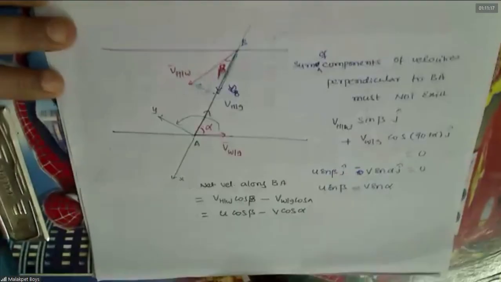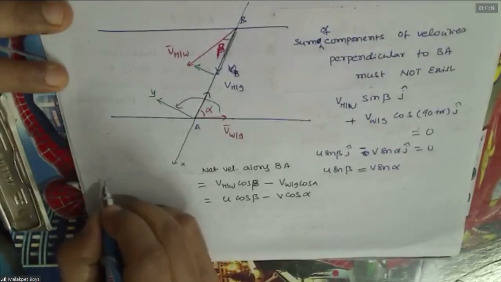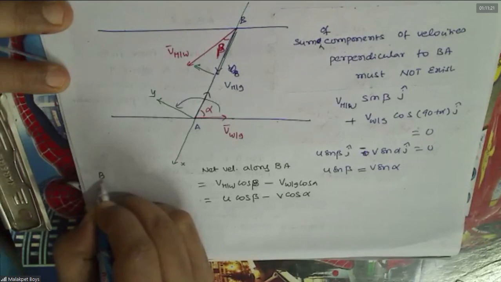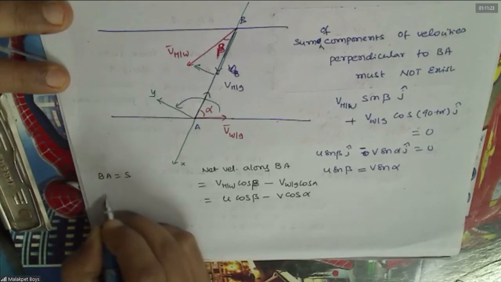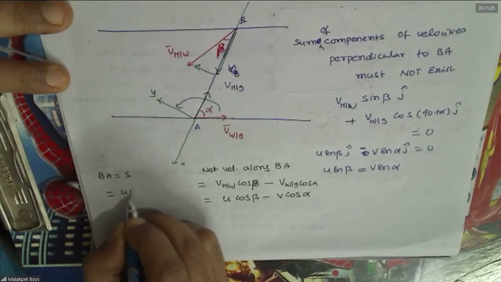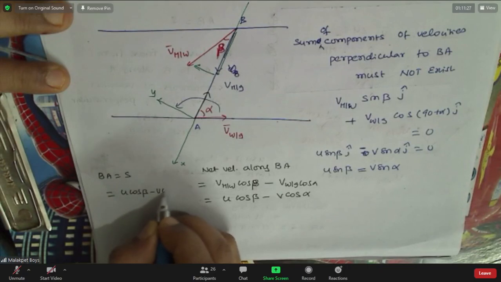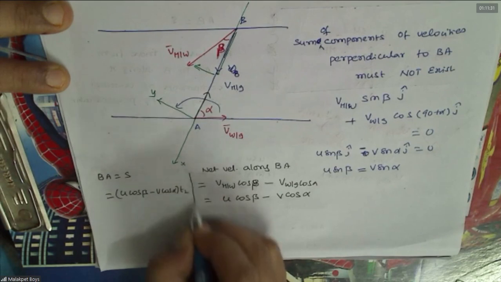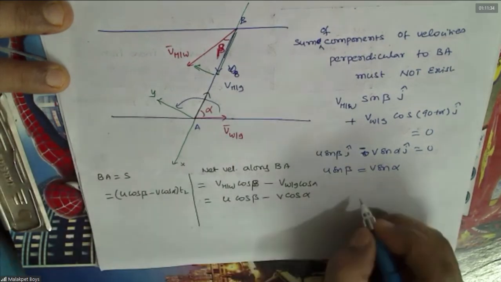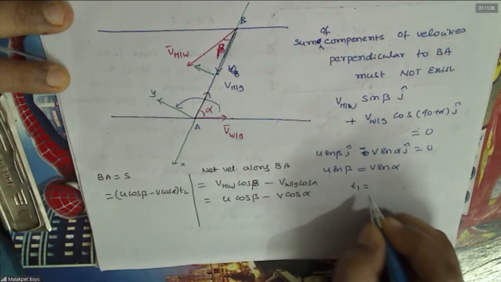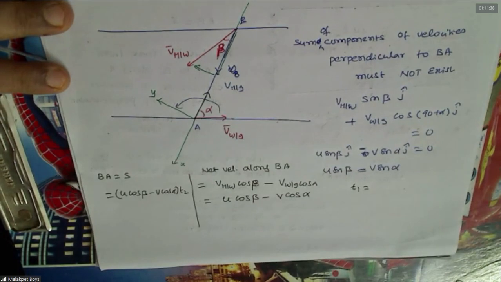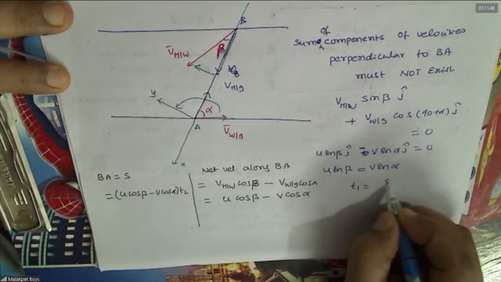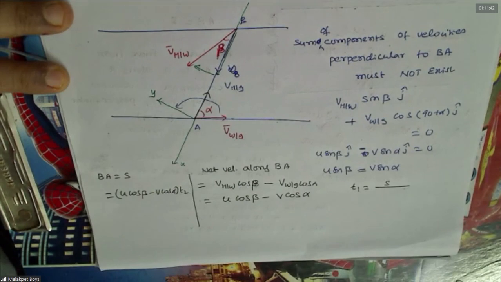Okay, now we need the time of crossing. So BA equals S. Along AB, what you have? (U cos beta minus V cos alpha) into time is T2. Now from the previous one, you got time T1. How much did you get for T1? S by U cos beta.